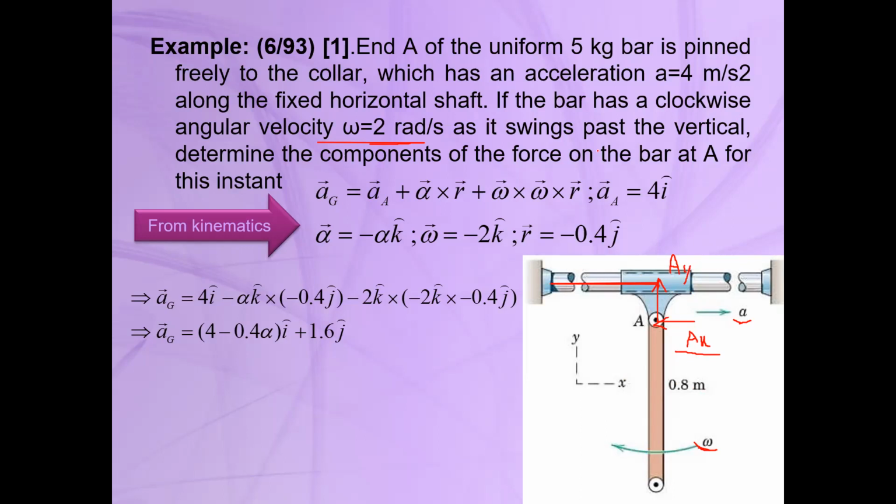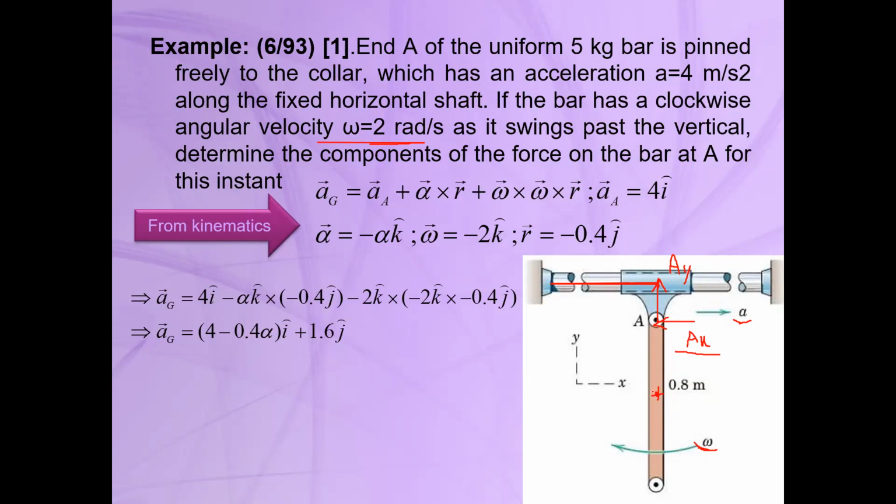Of course, for AY, we have the same scenario, because this bar is rotating. If we assume this is the mass center of this bar, it has acceleration in X and Y. So for AX and AY, if we write the force equation in both directions, in the right hand side, we have acceleration. So we cannot easily obtain AX and AY.